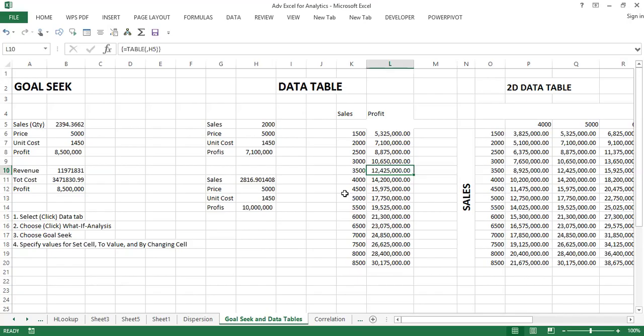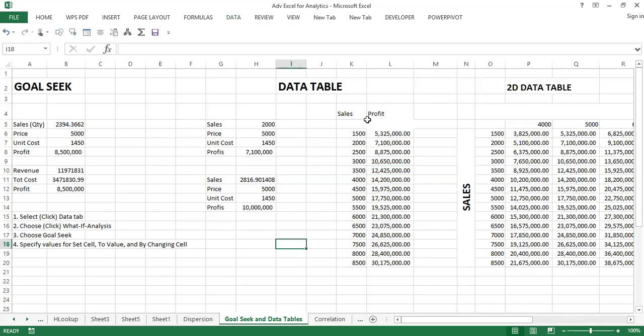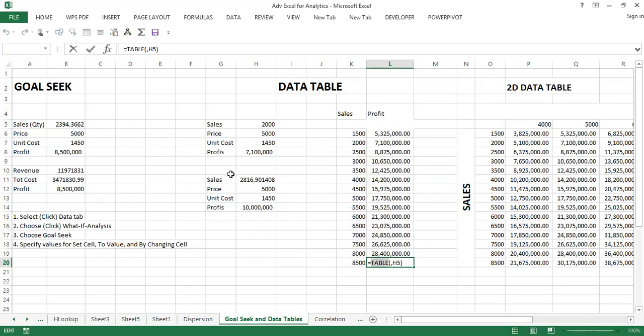So now let's look at the data table. I told you that under what-if analysis, we have goal seek, data table, and scenario manager. So how does the data table work? The idea behind it is sort of similar to goal seek.